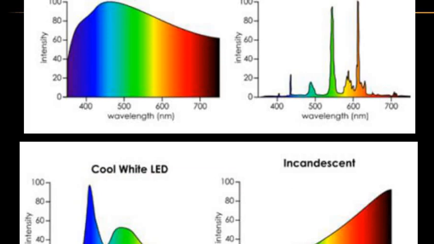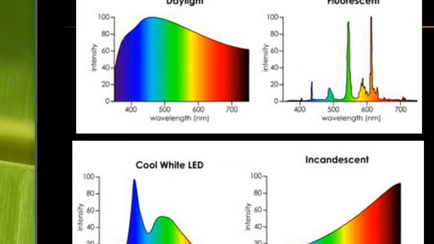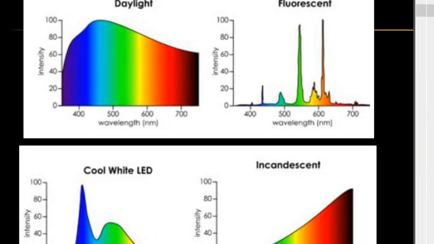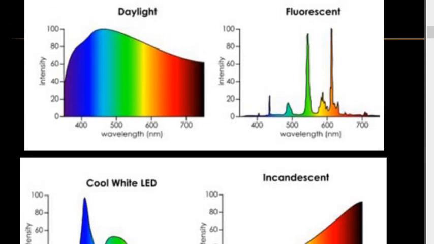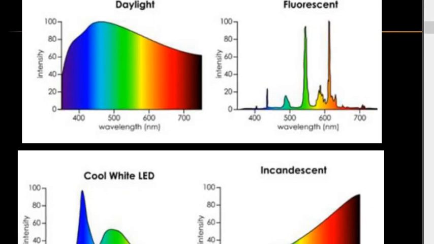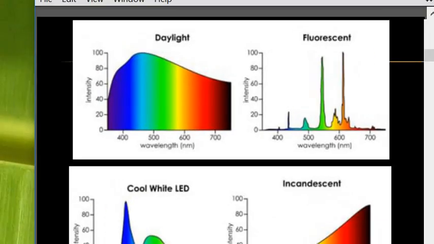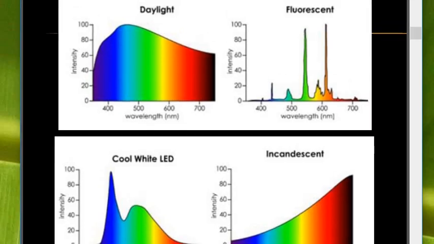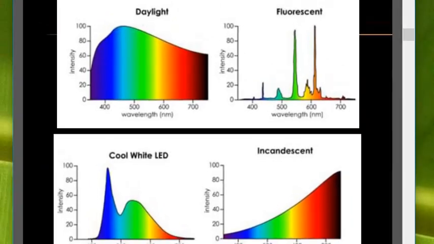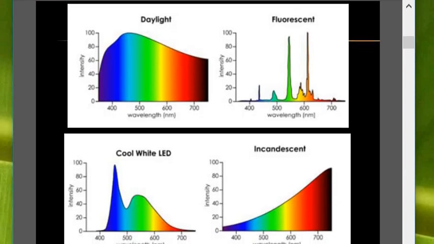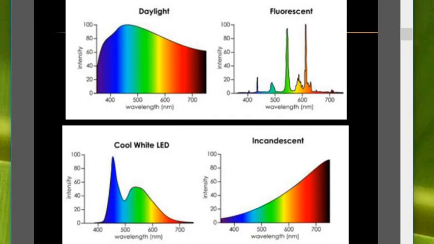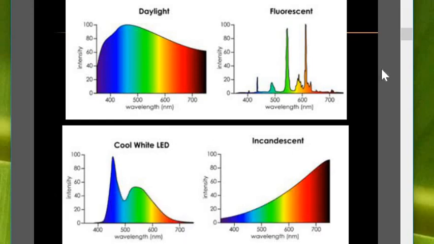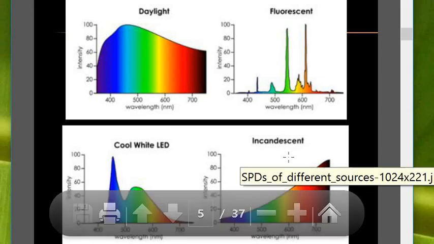Now on your screen, what you can see is very interesting: various possible spectra from various possible sources. Here you can see not only daylight but also the spectra from a fluorescent bulb as well as a cool white LED and an incandescent bulb.